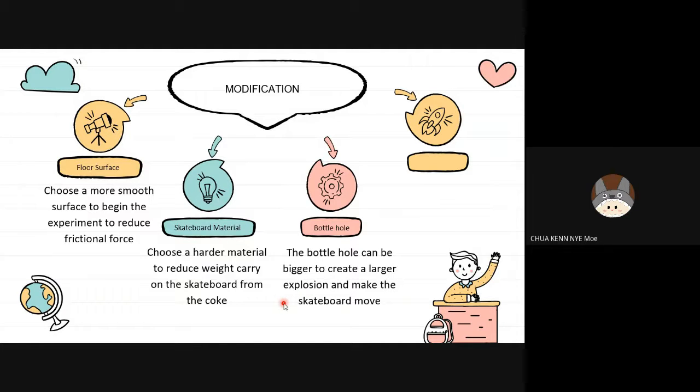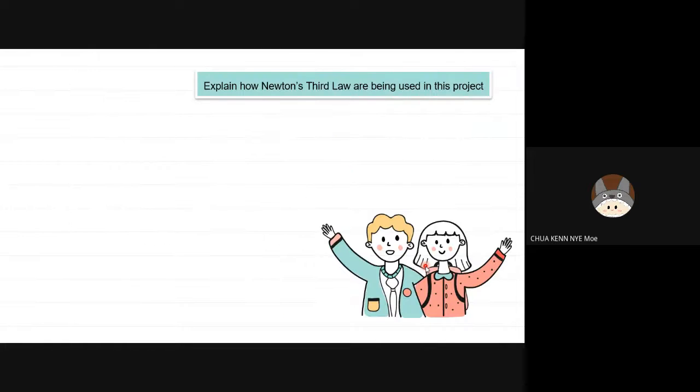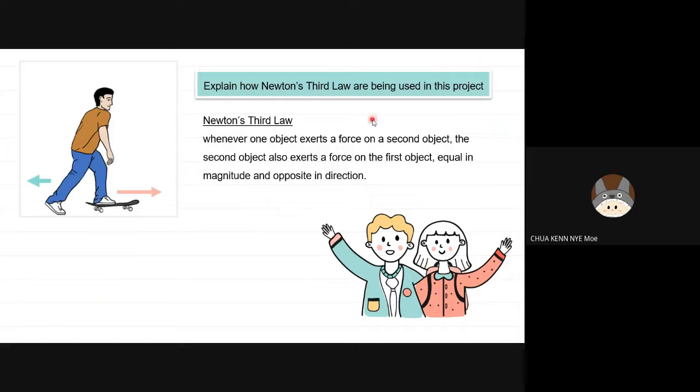The bottle hole can be cut bigger to create a larger explosion and make the skateboard move forward. And fourth is the gas in the drink. I should use the original bottle of Coke for the experiment to save more gas in it and create a better explosion.